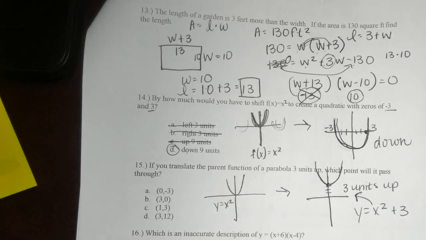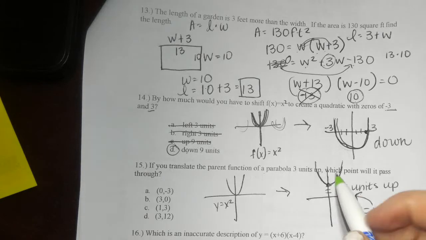So it's going to pass through, what point will it pass through? This is a coordinate point.